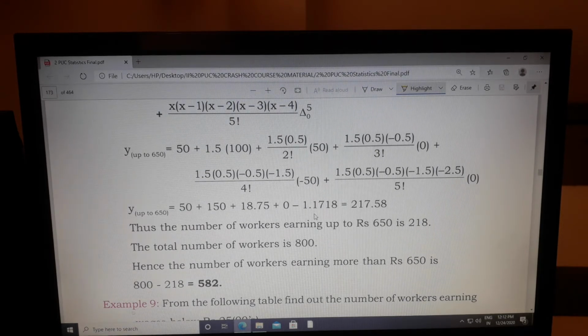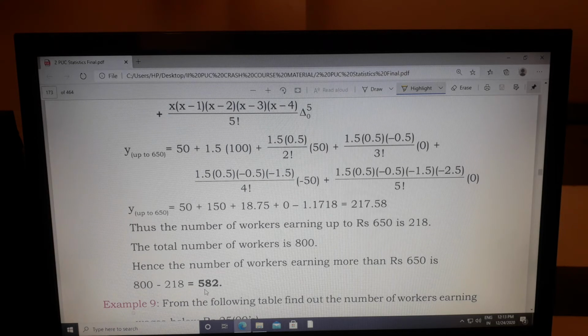So up to 650 is 218 out of 800; if you remove 218 from 800, all the remaining are more than 650 rupees, the workers who are earning those wages. So directly subtract from the 800 total workers those earning less than 650, 218, what we calculated. If you remove it, 582 workers were earning more than rupees 650.